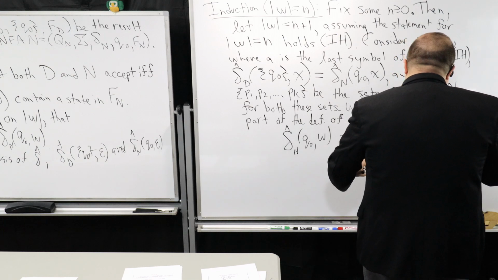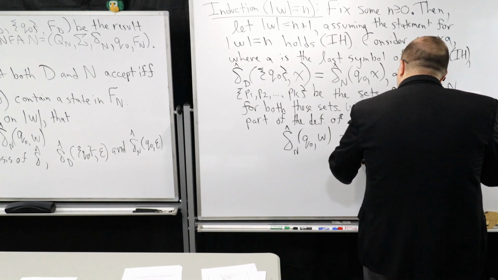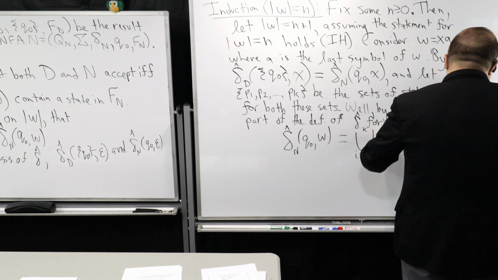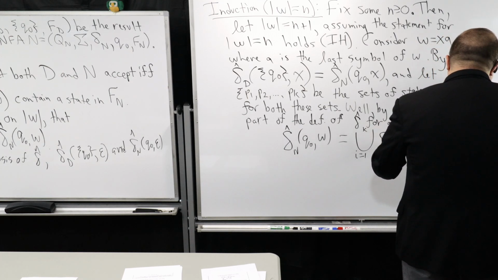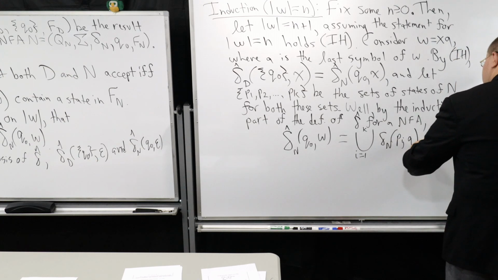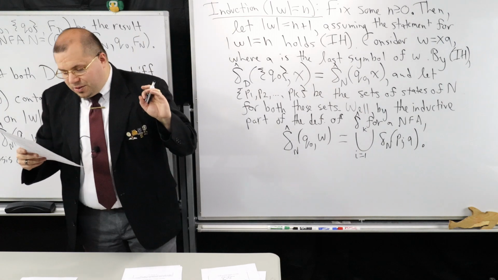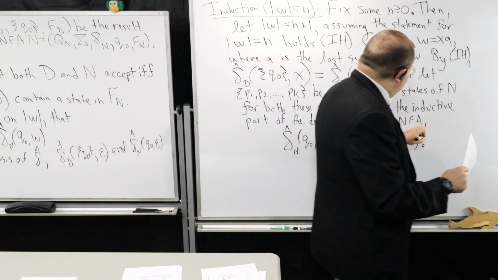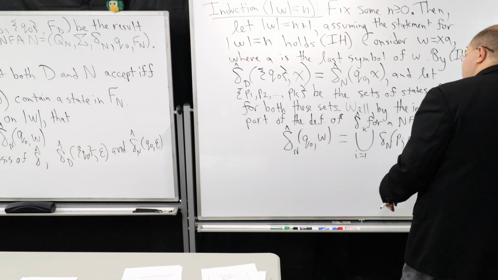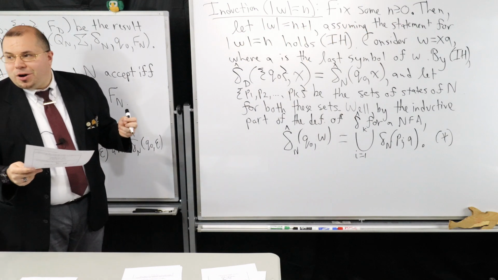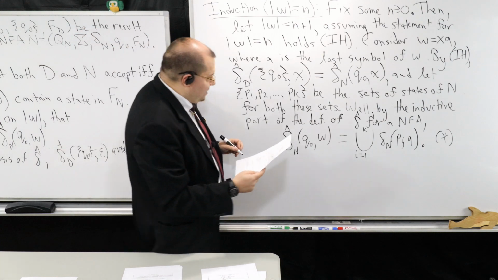So this is the union from i equals 1 to k of delta N of p_i, A. This is just me invoking a definition. I'm going to give this a name; I'm going to call it star. Now, there's a lovely property that the subset construction actually has.